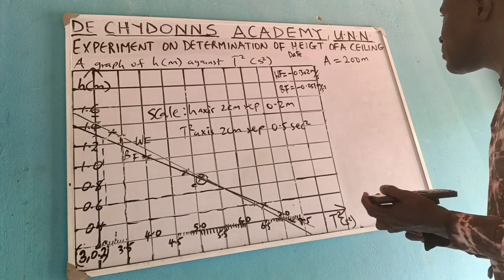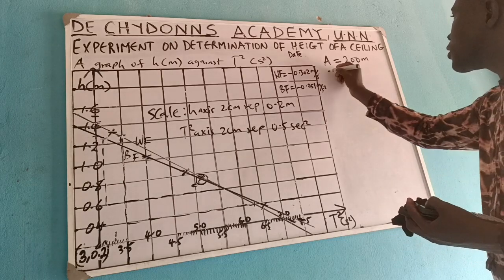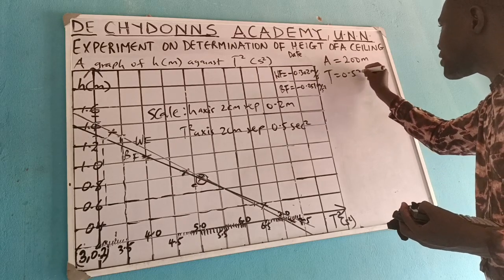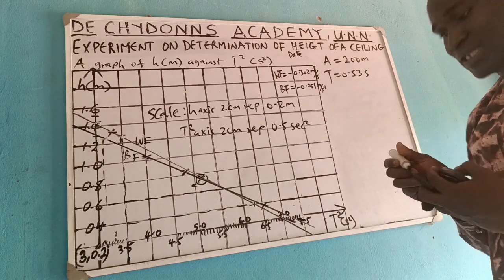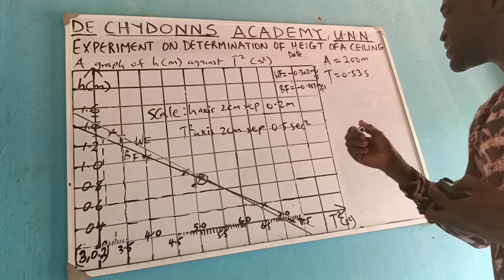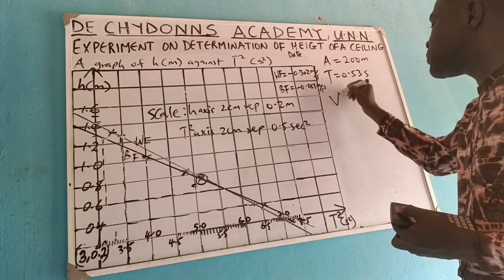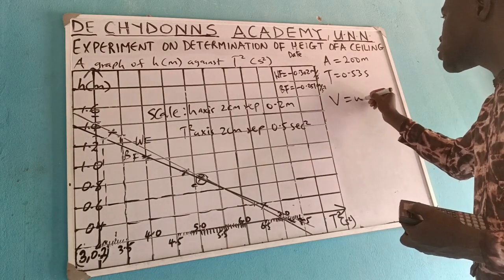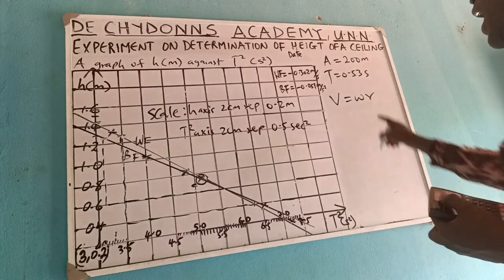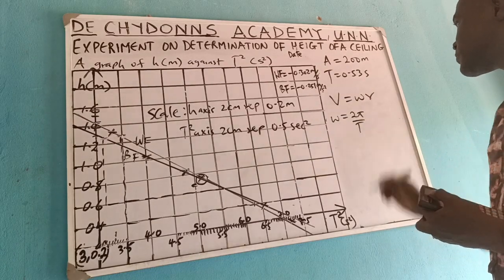Amplitude 200 meter, that is 2 times 10 raised to power 2 meter, and period 0.53 seconds. Are you getting it? They now say calculate the speed of the bulb as it passes through the equilibrium position. We are looking for the speed, and speed is equal to omega r. And what is omega? Omega is equal to 2 pi over T.